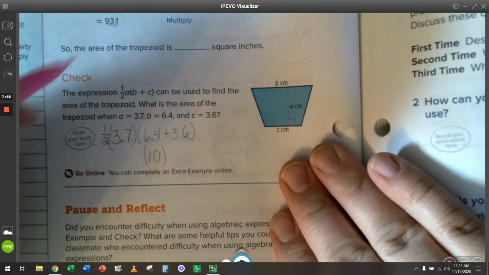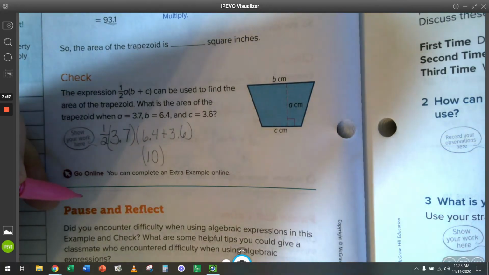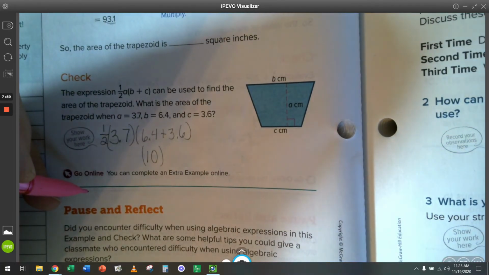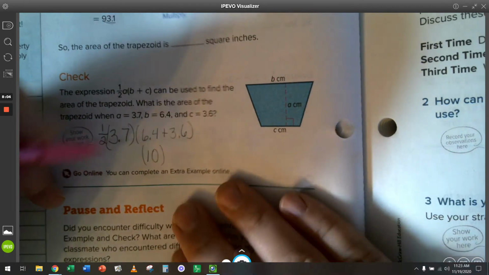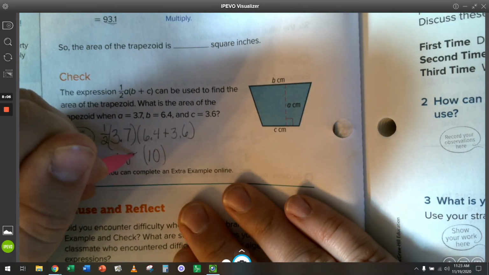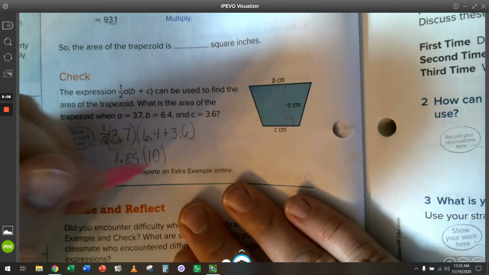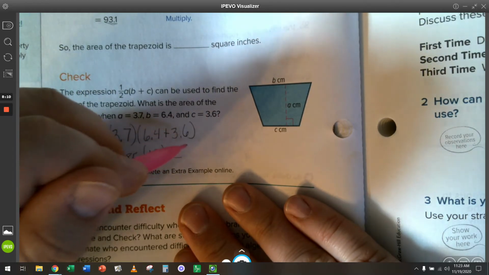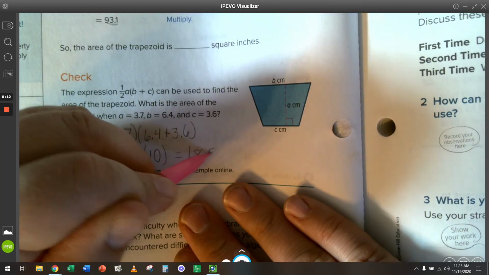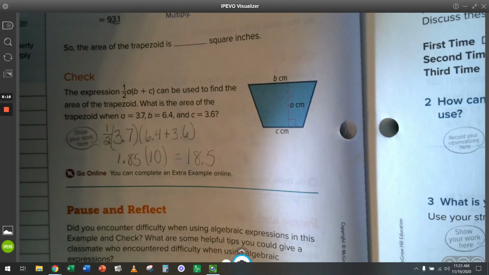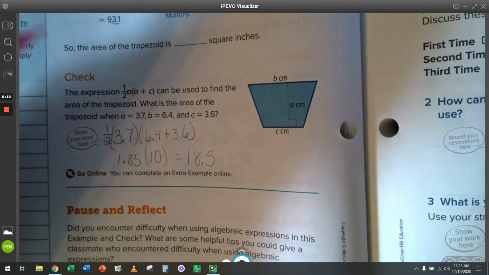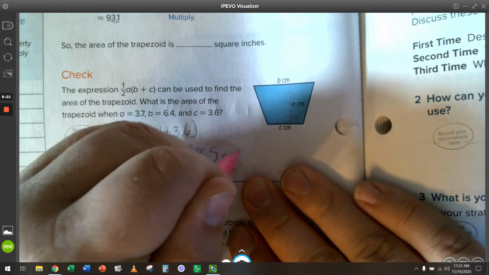You're going to take 1/2 of 3.7, which is the same as 3.7 divided by 2, which is 1.85. Times 10 would give you the answer of 18.5 centimeters squared. Don't forget to label.